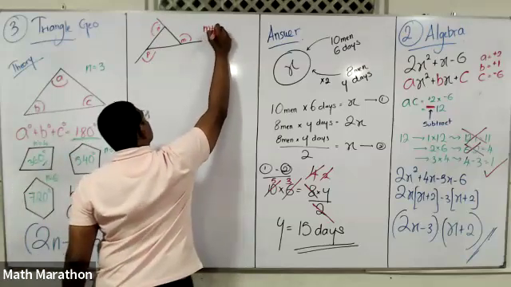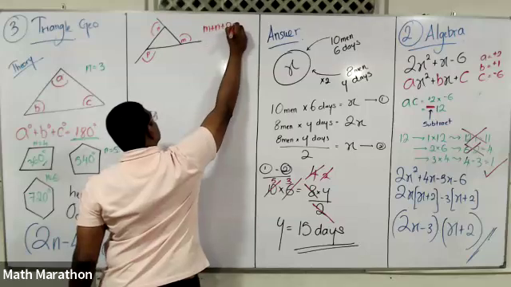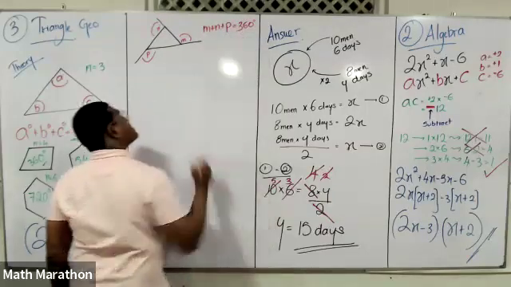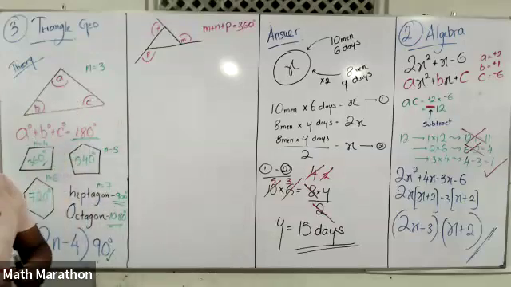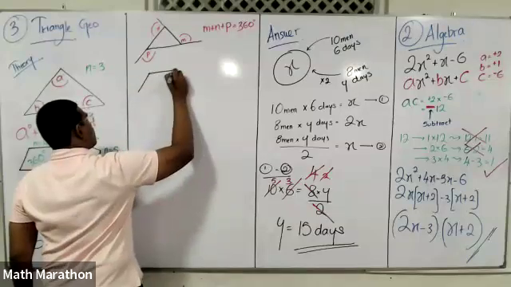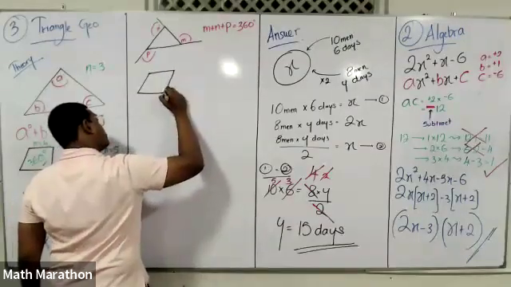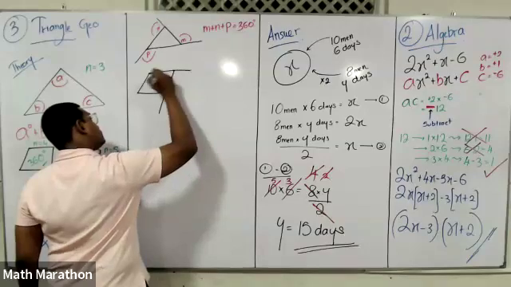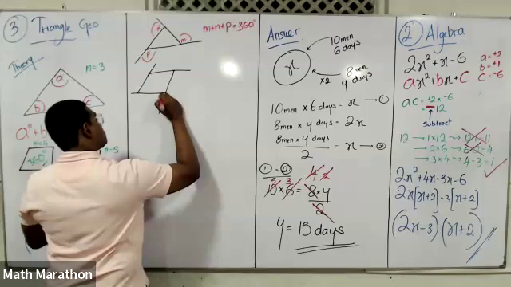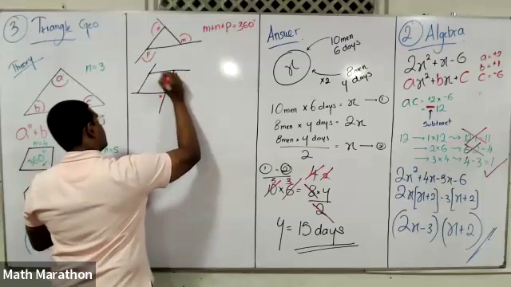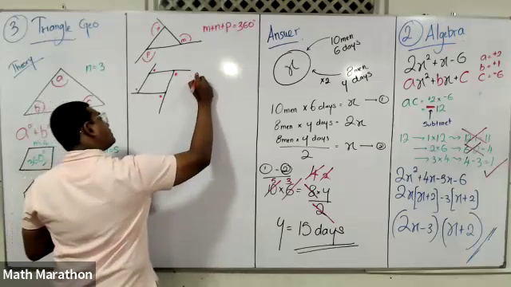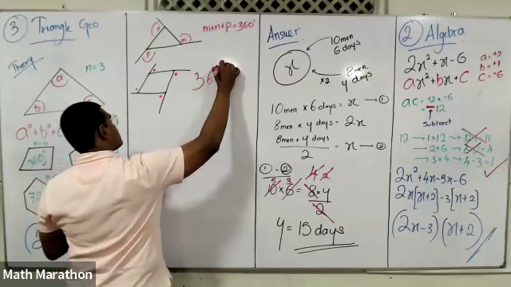M plus N plus P is how much? 360 degrees. Okay. For a quadrilateral, this plus this plus this plus this, how much? 360 degrees.